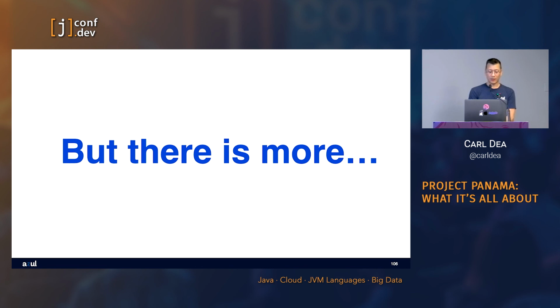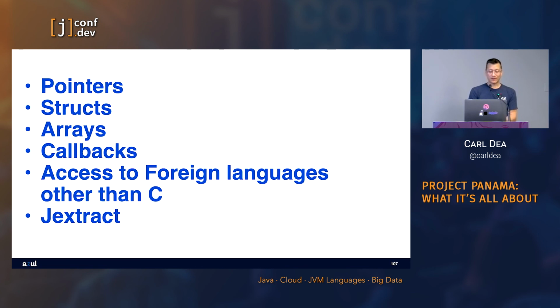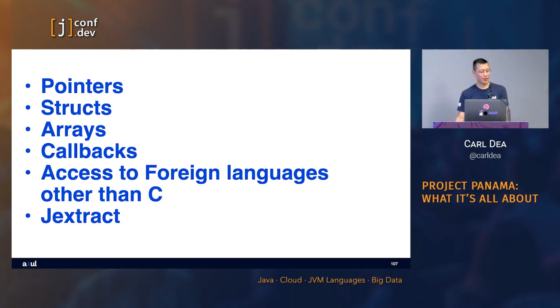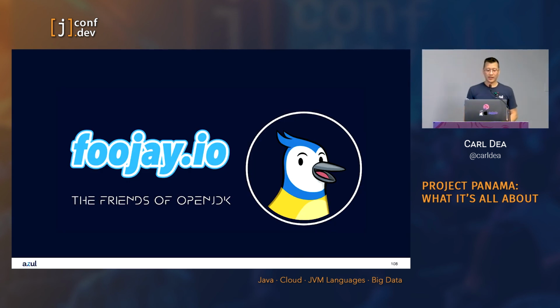So there's more that is not in this talk. There's pointers, there's structs, there's arrays, there's callbacks. There's even ways to talk, using the C ABI, to foreign languages like C++, Swift, Python, and such. And of course, over at fujay.io is where I blog a lot about Project Panama.